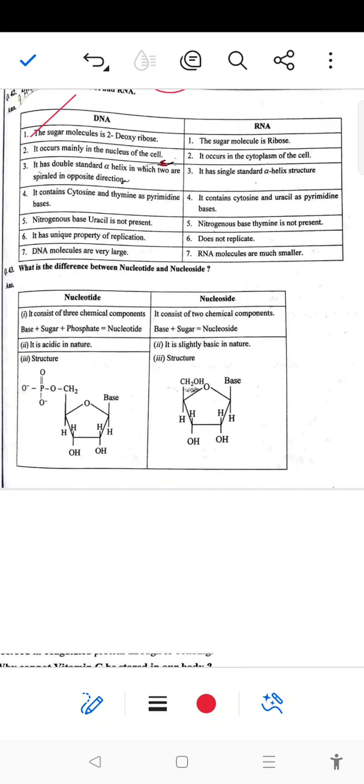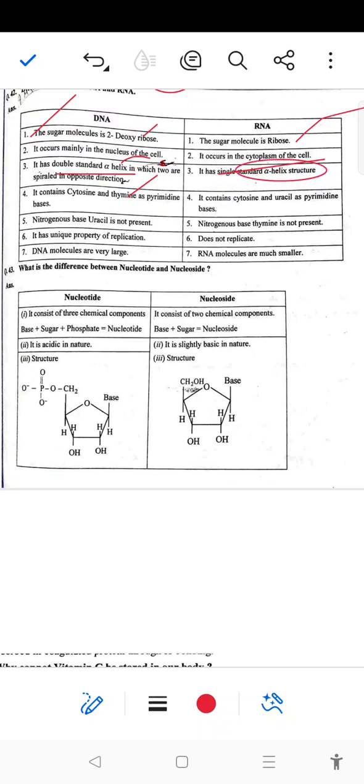Difference between RNA and DNA. Most important is the sugar molecule: in DNA it is deoxyribose, and in RNA the sugar molecule is ribose. DNA occurs mainly in the nucleus of the cell. RNA occurs in the cytoplasm of the cell. DNA has a double stranded alpha helix, which is a double spiral, and RNA has a single stranded alpha helix structure.